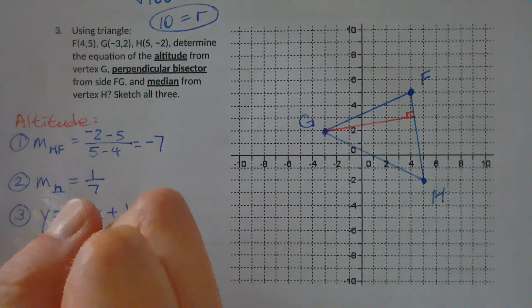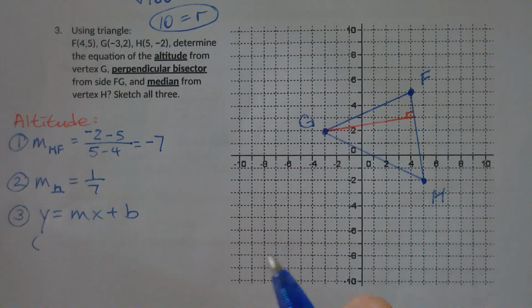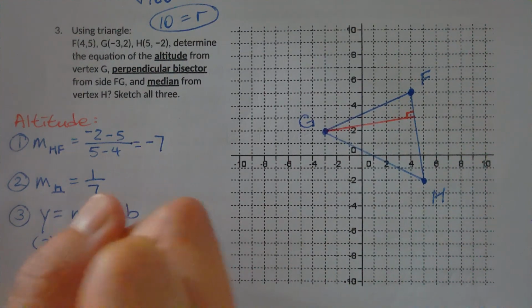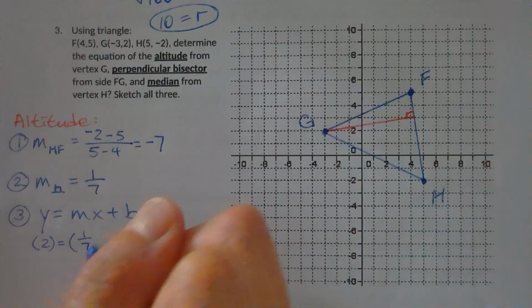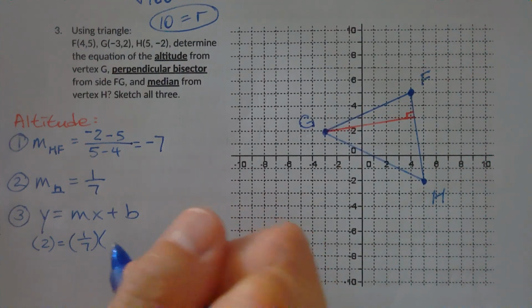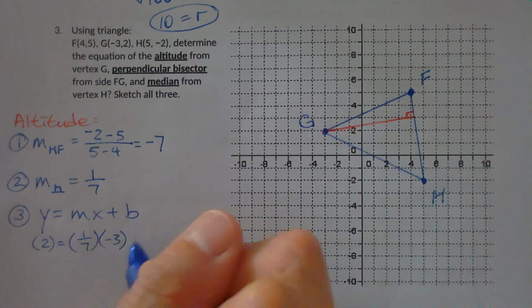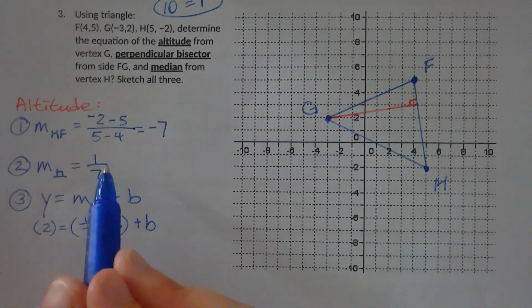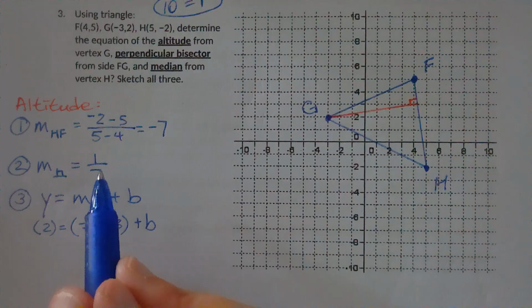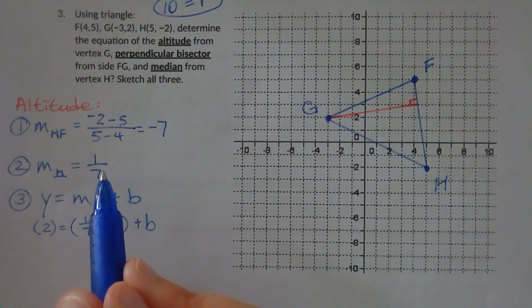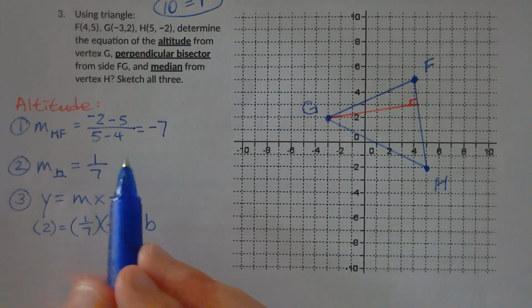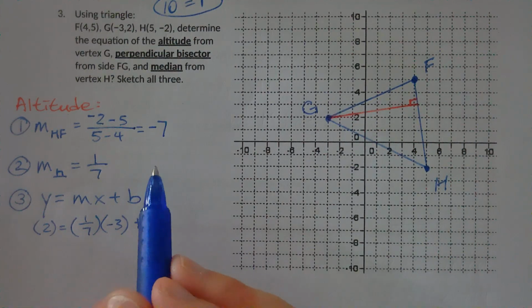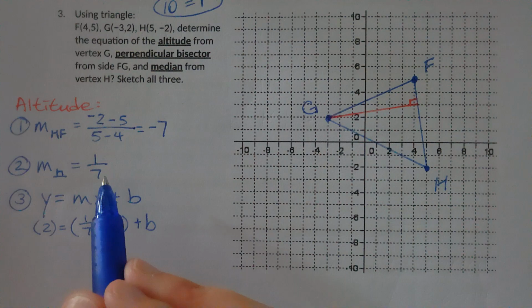So y is 2, m is 1/7, x is negative 3, b is b. Can I change 1/7 into a decimal? I don't like fractions. Jaden, what do you think? Can I change this into a decimal on the exam? No, I have to keep it as a fraction.